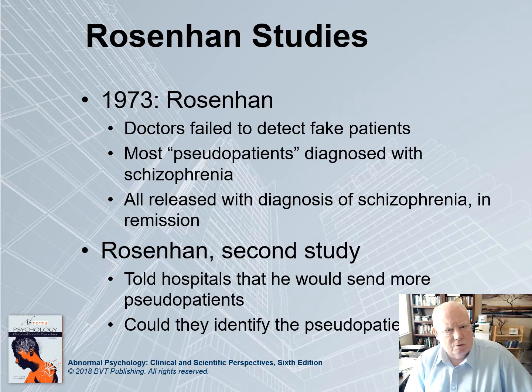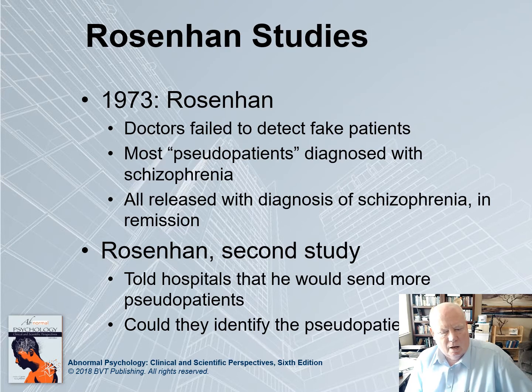Now, this was a controversial study, and one of the things that Rosenhan did later is talk to the hospitals and say, "I'm going to do a second study, and I'm going to send people again to see if you can tell the difference between someone who is psychotic and someone who is not psychotic."